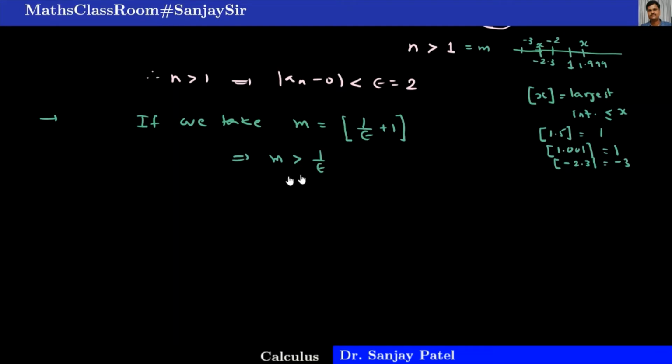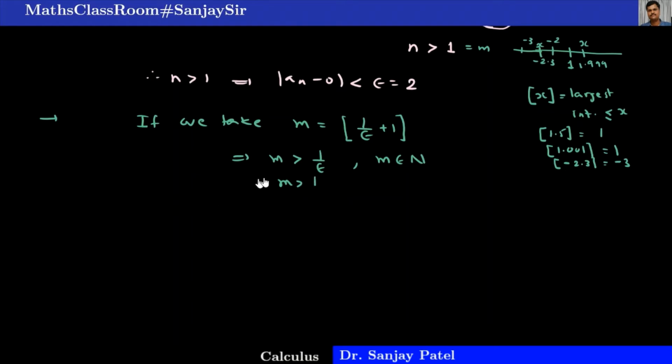There are two things. One is m is greater than 1 upon epsilon, and also because of this floor function, this m is a positive integer, because 1 upon epsilon is positive and 1 is also positive, so this is finally a positive number. So m is always greater than or equal to 1. M is not only greater than 1 upon epsilon, m is also greater than or equal to 1.